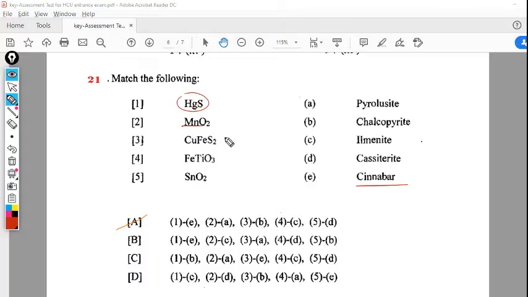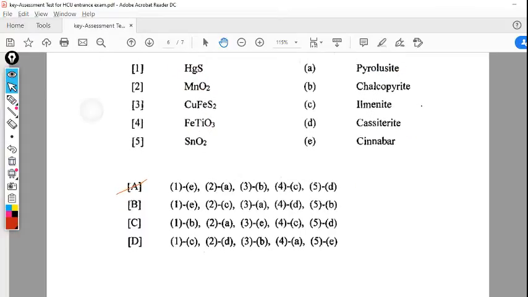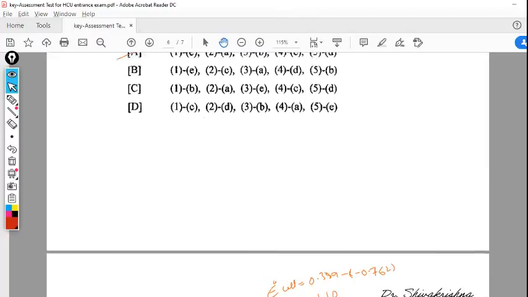MnO2 is called pyrolusite, and CuFeS2 is called chalcopyrite. Next, iron and titanium oxide is called limonite. Tin oxide is called cassiterite. These are all ores used for the extraction of metals. A direct question may come based on these names.